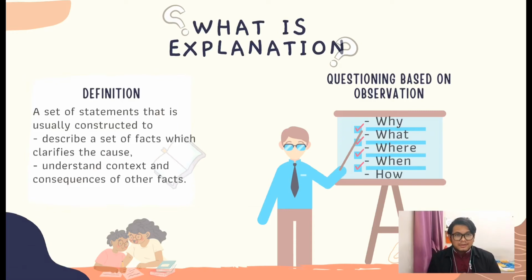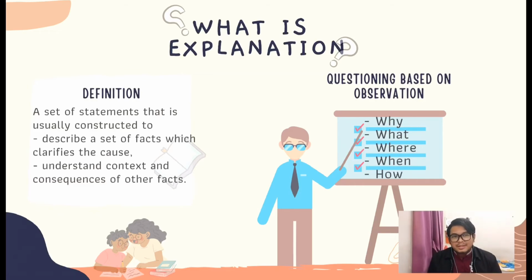One of the simple concepts is to use questioning based on our observation. When we see something, we question with why or what, where, when, or even how does it happen, why it happened, what makes it happen. So that is one of the concepts. But don't worry, I will guide you through a better development of explanation.